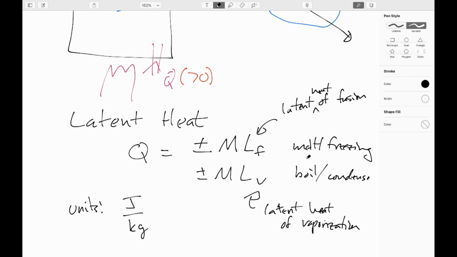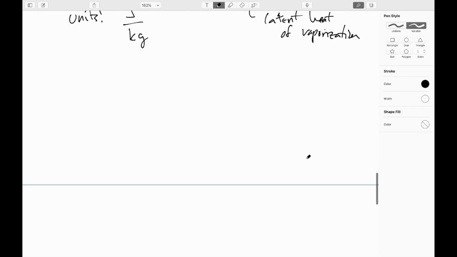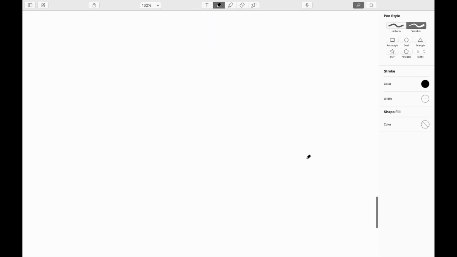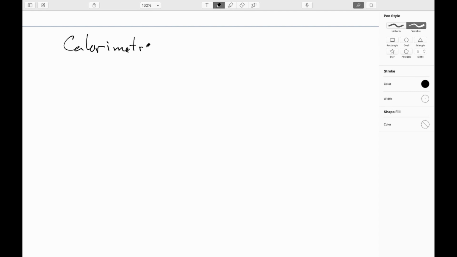So we'll end this one up by doing an example of what's called calorimetry, where we will take a look at the heat exchanges within a system.